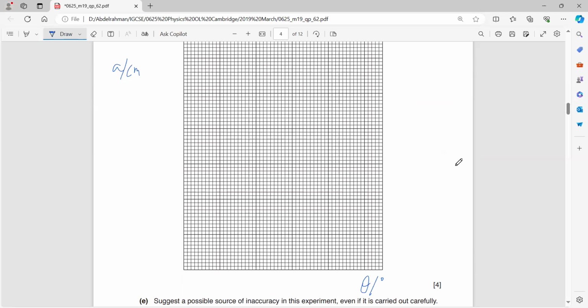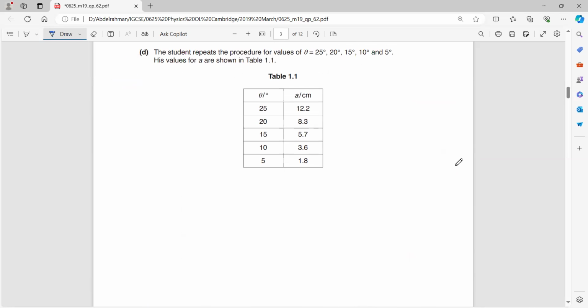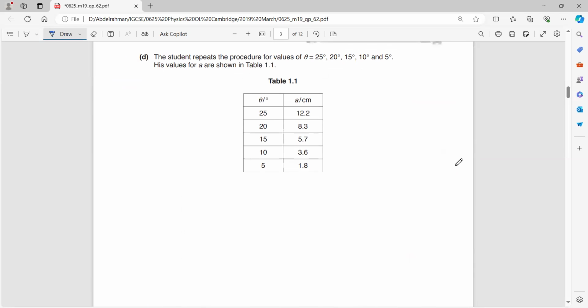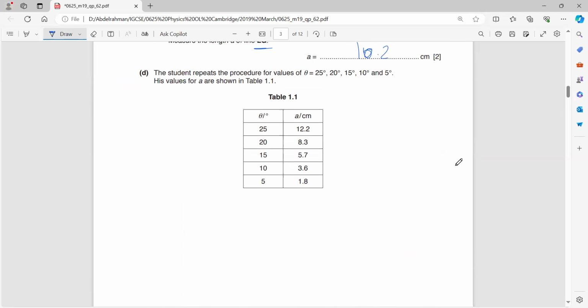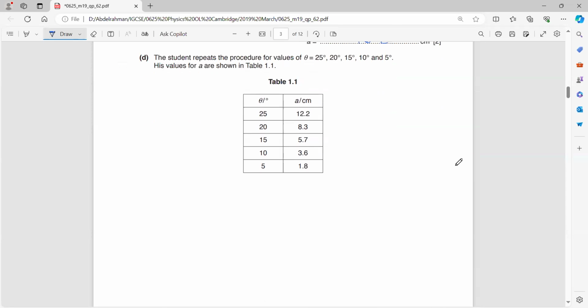I need to scale the graph. A values are 1.8, 3.6, 5.7, 8.3, 12.2. I guess it would be reasonable to start both axes from the origin. Let's try it out.